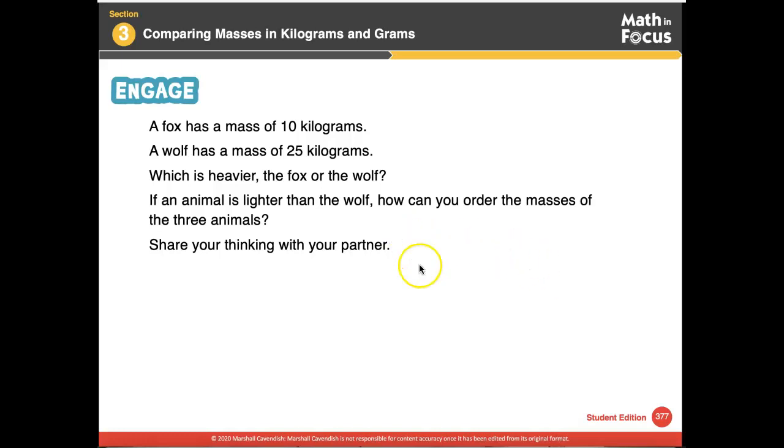If we look at the numbers, 10 and 25, we're comparing them because they're both in kilograms, and that makes it so much easier. We know that 25 is greater than 10, so the wolf is heavier than the fox, right?